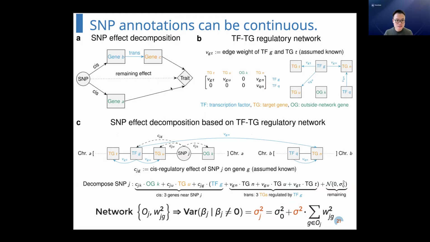In short, in this example, we recently illustrated that we can utilize the topology of a given gene regulatory network to come up with some kind of continuous score. And that kind of continuous score can help us to annotate the function of each SNP when we analyze those SNPs in GWAS. So this work can be a talk by itself. So I'm not going to talk too much right now, but I'm happy to chat more offline.